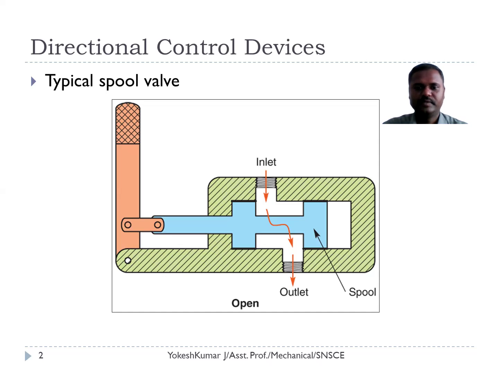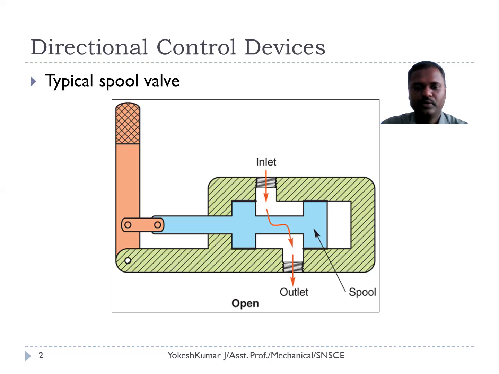And this valve has an outer body, and in that body we have an inlet and outlet port. So the inlet and outlet port can be connected by moving the spool suitably. So coming to the working, by operating the lever, we have opening and closing of the inlet and outlet port.